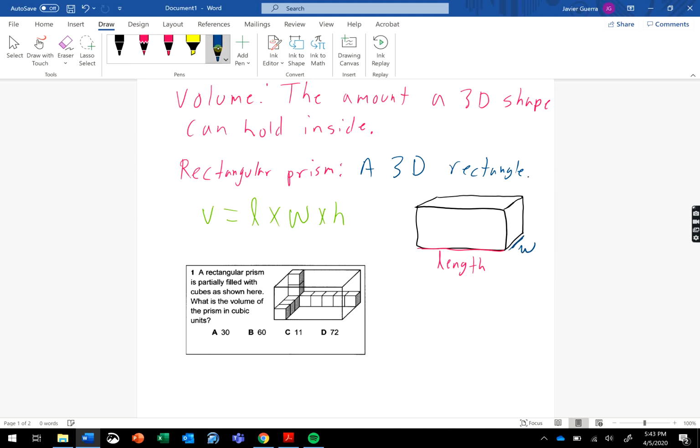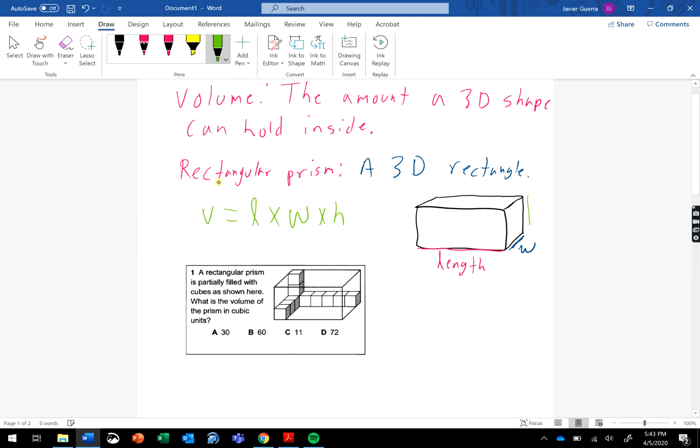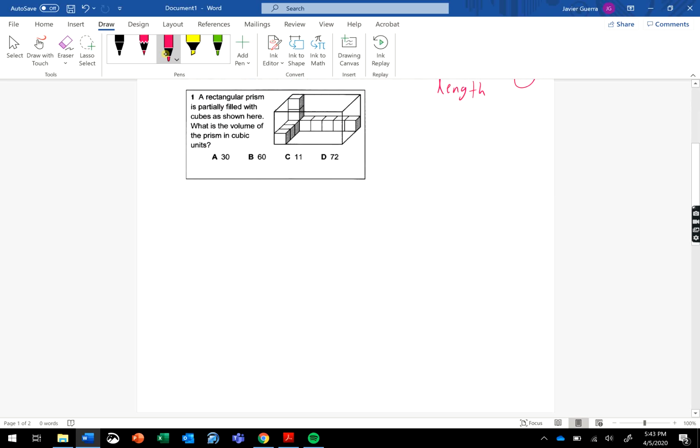I'll just put W, because you guys already know what that is. And you guessed it, going up and down is our height. Don't confuse the height with the width and the length. That was one of the biggest problems that we had during the school year. Some of us would switch the width and the height together and would throw off our numbers sometimes. Okay, so you have to be careful, especially when they're giving us those measurements already.